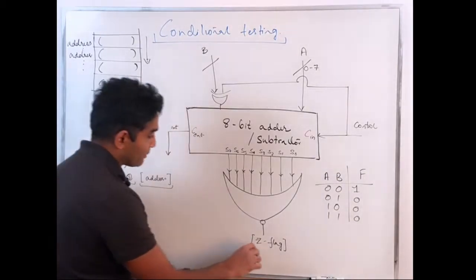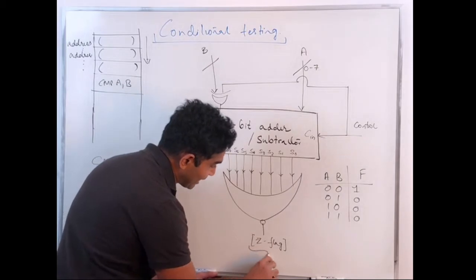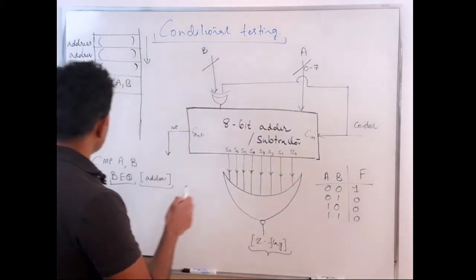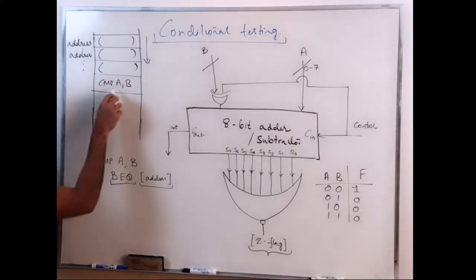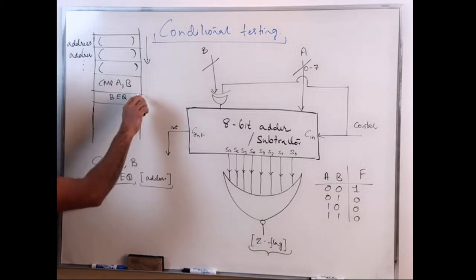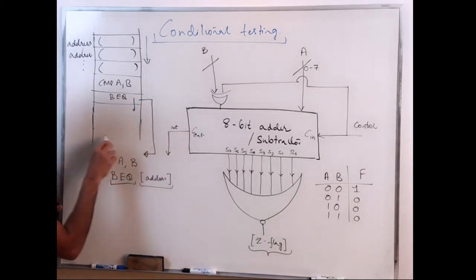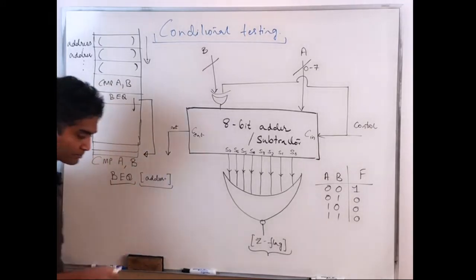That means I'm looking at the Z flag, the status of the Z flag, and if the condition is satisfied, then I jump from this branch is equal instruction. Instead of executing sequentially, I branch to a different address and then start executing the code from that address.